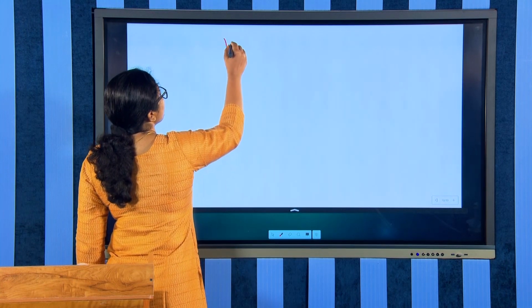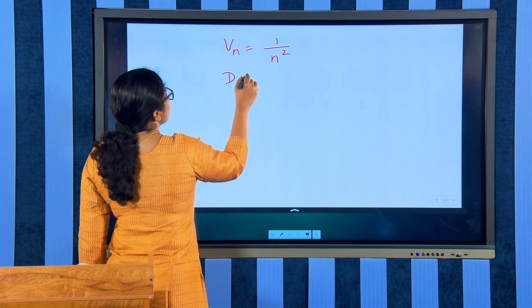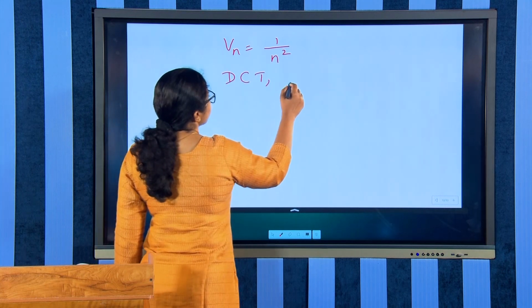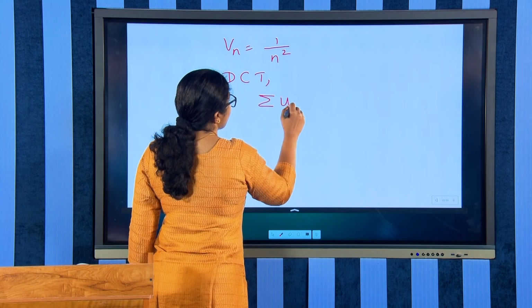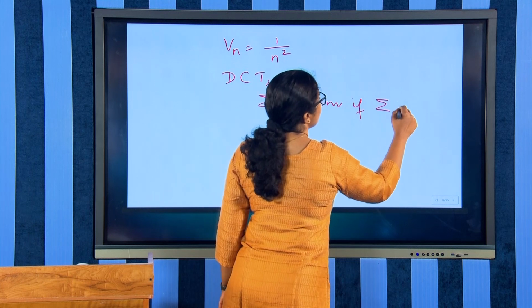So, by taking Vn equal to 1 upon n square and using the direct comparison test, summation un converges if summation Vn converges.